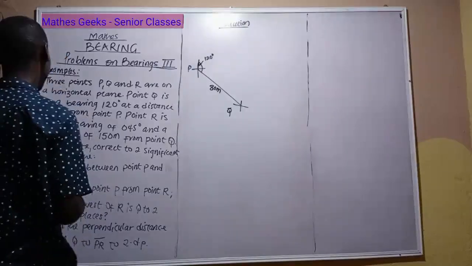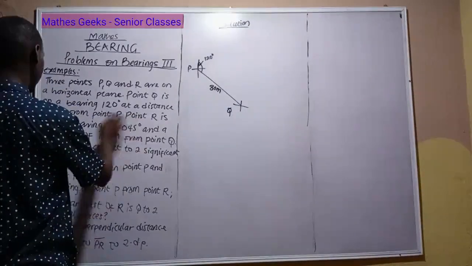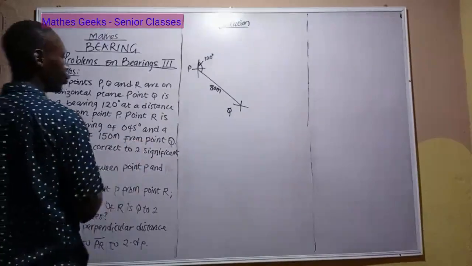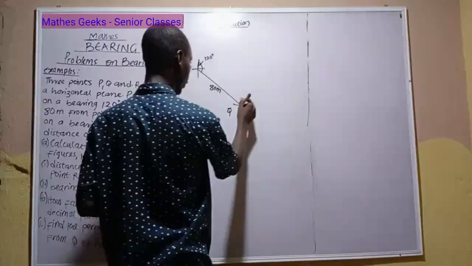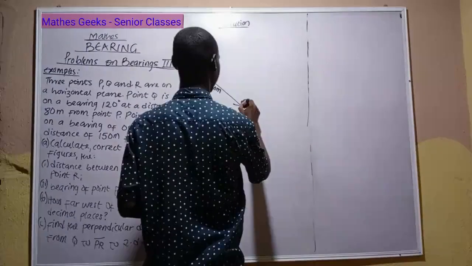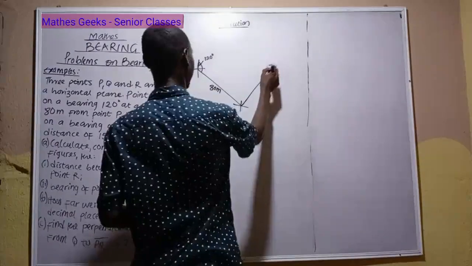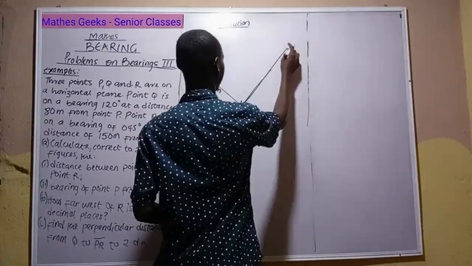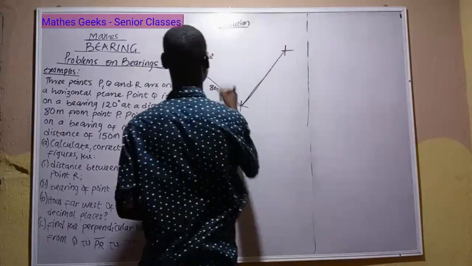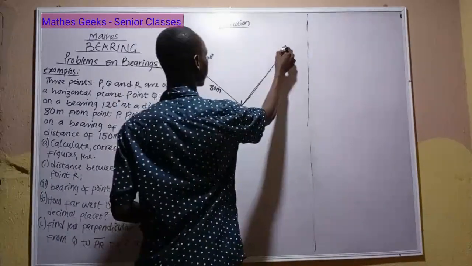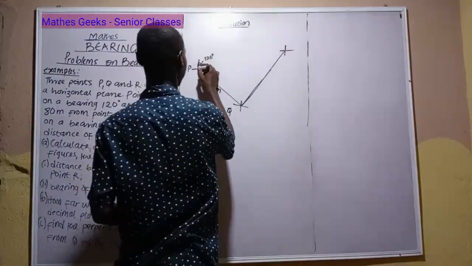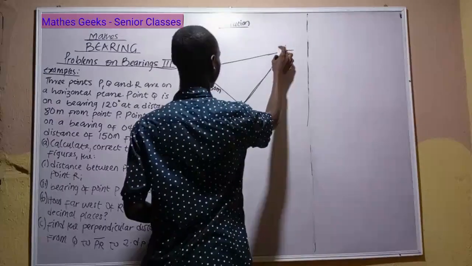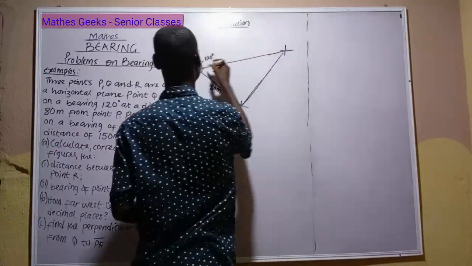And then from there, point R is on a bearing of 045 degrees and a distance of 150 meters from point Q. So 045 degrees from point Q is going to be like this. And the distance is 150 meters, so it's going to be longer. So from here, we're going to draw a line, like this.